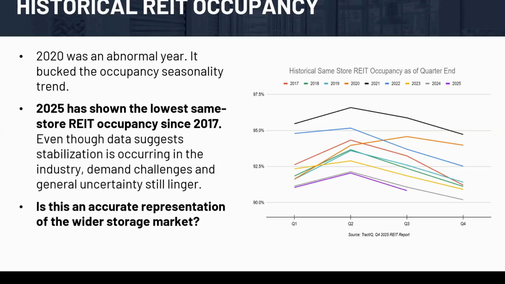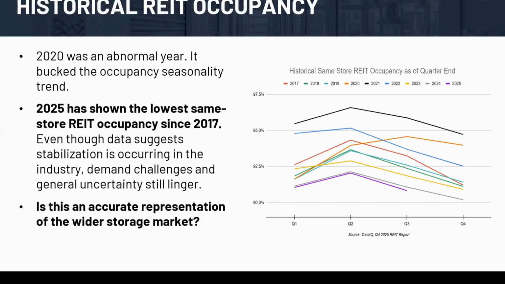All right, I'm going to set more of the scene with this slide, and then the slide after this will be data no one on this call has ever seen. So just setting the scene for what the next slide is. This slide is showing historical occupancy across the major REITs since 2017.